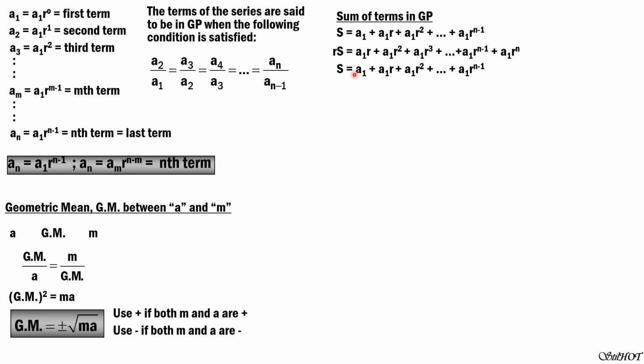So rS minus S equals, we notice that a1 r will be cancelled or will vanish, a1 r squared vanishes, a1 r cubed, and so on and so forth, because the term before or after this term is a1 r cubed, and therefore we can cancel any intermediate terms, and what is left here is just the first term.